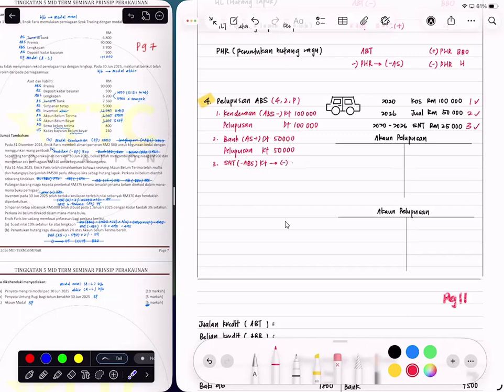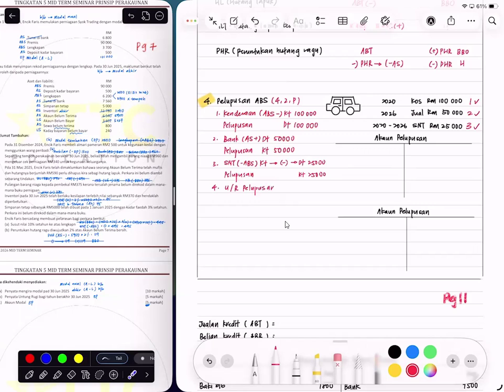Previously it was credit, now you need to move into the debit side, 25,000. If I debit 25,000, I should credit 25,000 also, right? Into account pelupusan again. Then lastly, we finally can find out untung or rugi pelupusan.